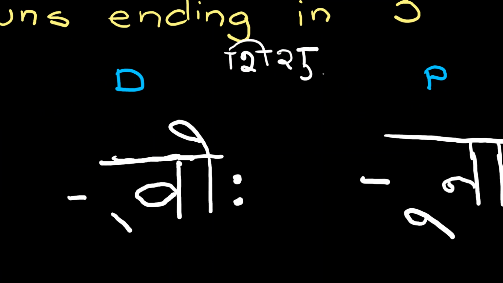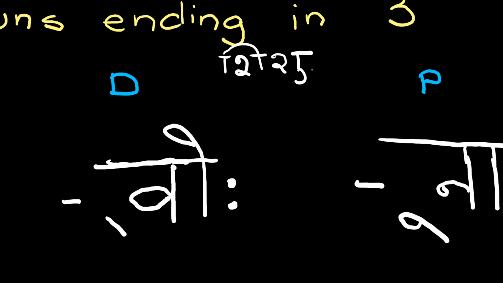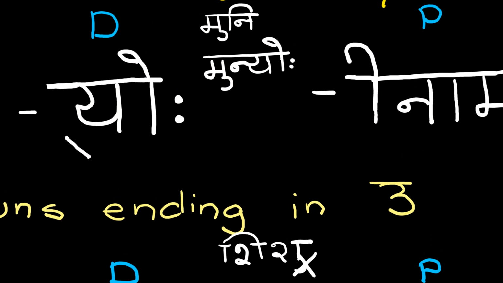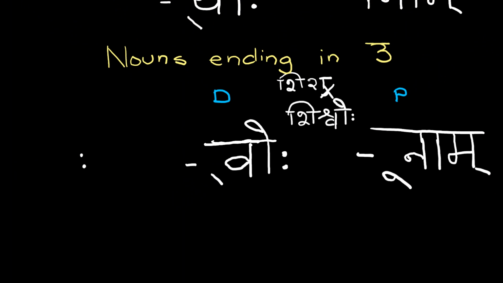We're not keeping that ending vowel, this u is crossed out. So it becomes a half sh, and you end up with shishvoho, similar to what we saw from muni to munyoho. You write a half sh with that loop. Shishvoho.